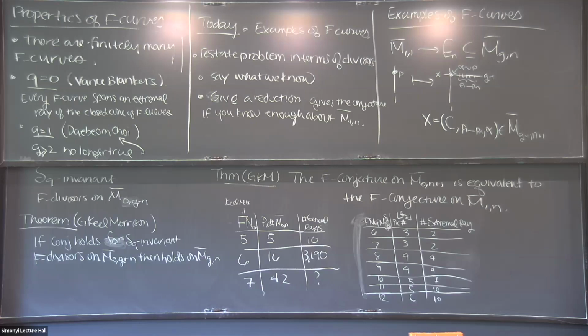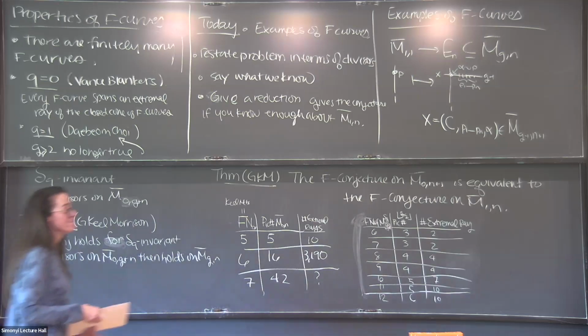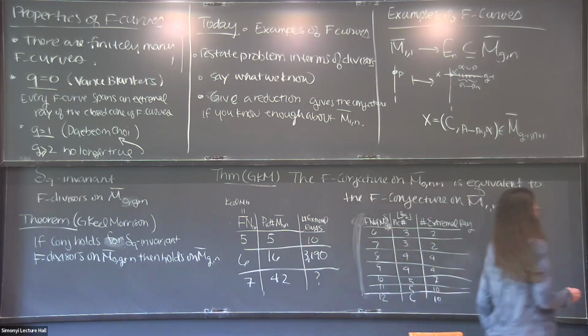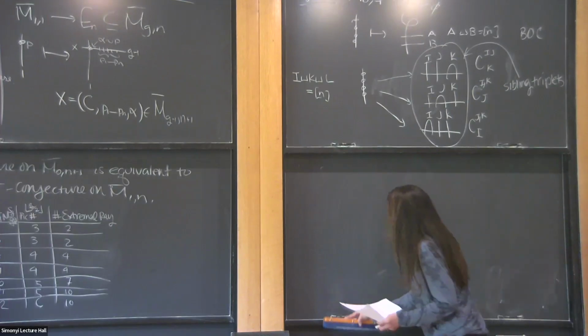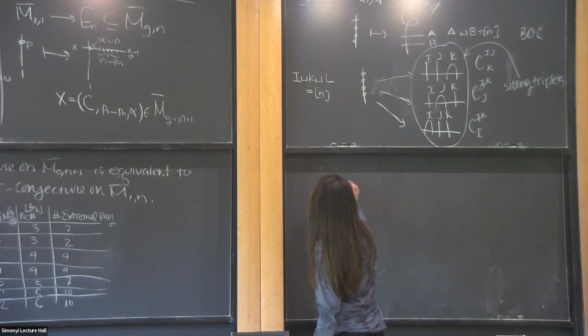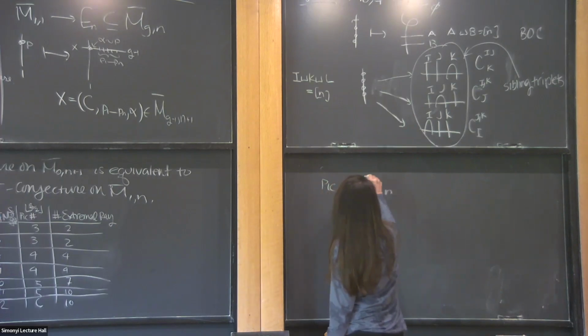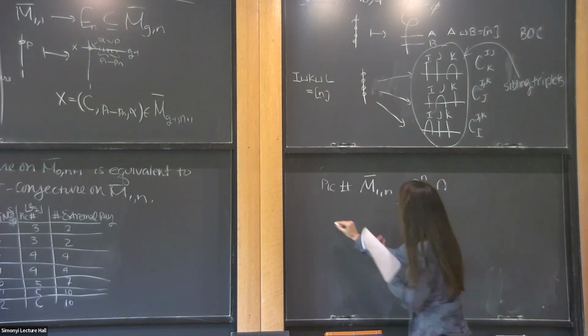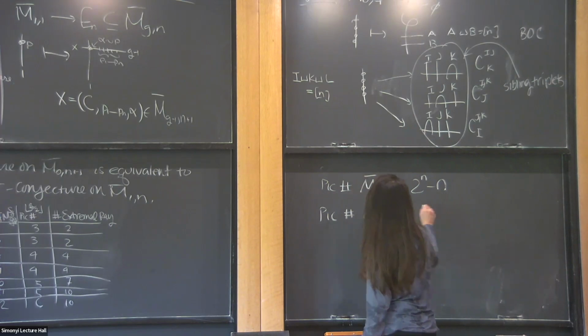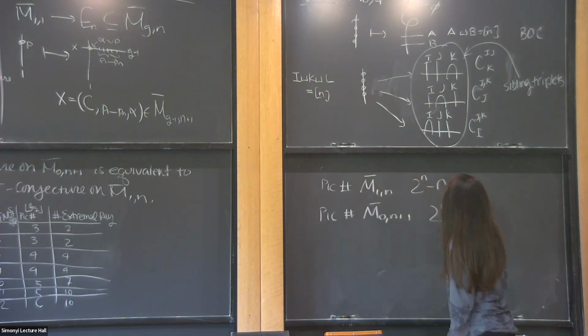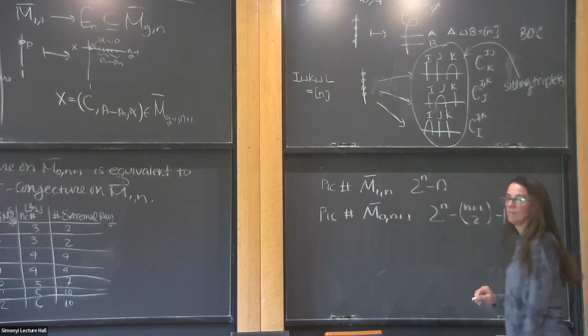Okay. All right. How does the Picard number of M0,n+1 bar compare with M1,n bar? That's a really good question. So let's compare them. And that'll be useful information for later. The Picard number of M1n is 2 to the n minus n, and the Picard number of M0,n plus 1 is 2 to the n minus n plus 1 choose 2 minus 1.